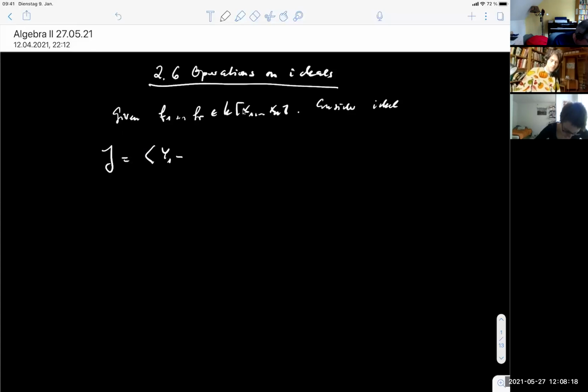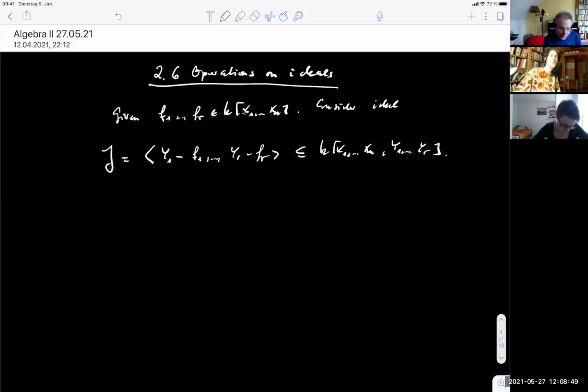And then I look at these polynomials, y1 minus f1, etc., yr minus fr. And this is to be seen as an ideal in this larger polynomial ring. I have the x variables and I have the y variables. Okay, look at this ideal.